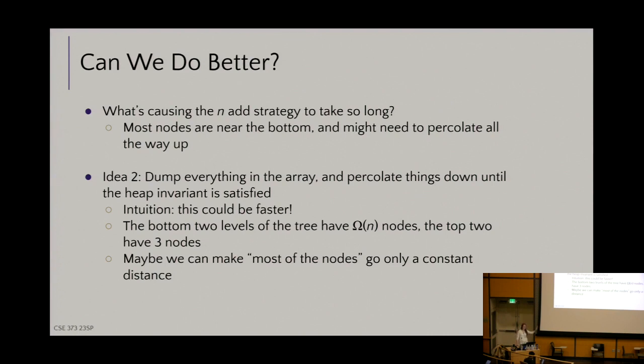This is predicated again on the idea that the majority of any tree lives in its leaves. That's just the exponential growth nature of the tree. So the majority of the leaves will probably stay on the bottom level. Instead of accidentally putting them in descending order and doing all these percolations, can we just dump everything in and only percolate up what needs to be percolated up in the final state of the tree?